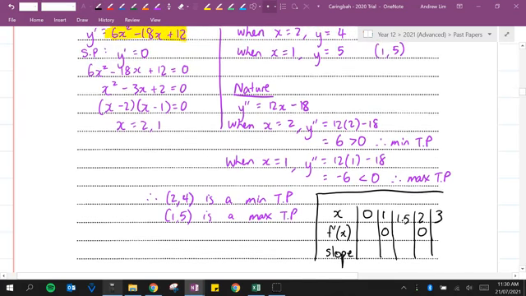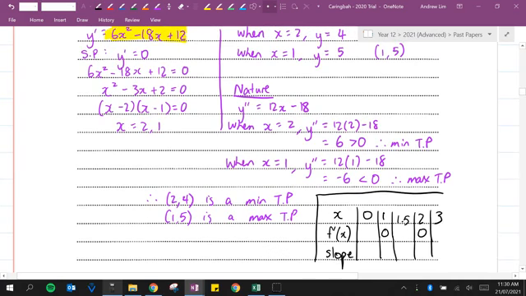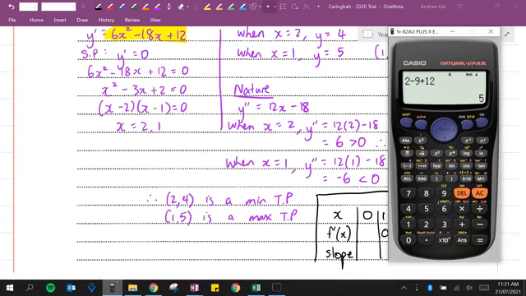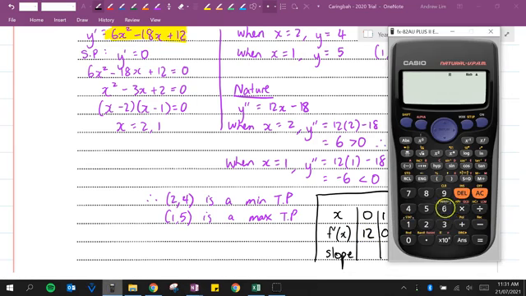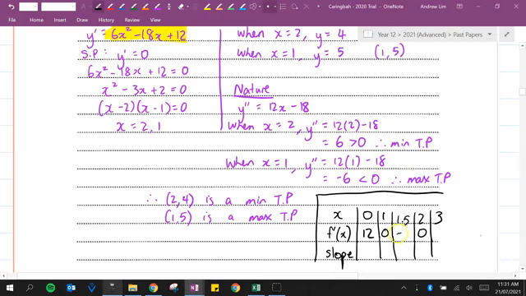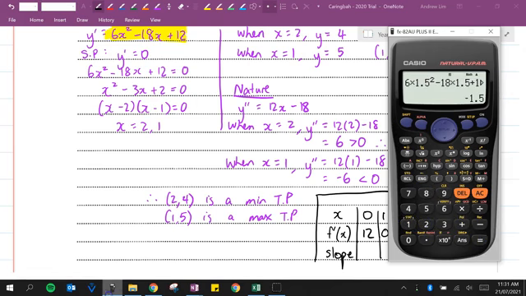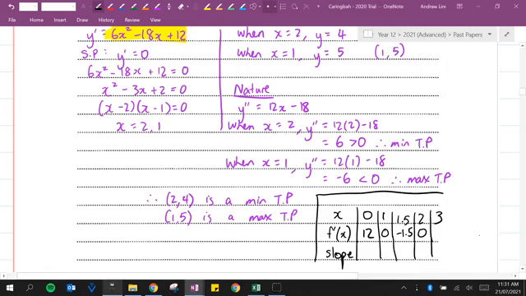Now, f dash of x, or y dash, is 6x squared minus 18x plus 12. So I'm going to sub that value in there. When x is 0, f dash of x is 12. When it's 1.5, we've got 6 times 1.5 squared minus 18 times 1.5 plus 12, which is negative 1.5. And when it's 3, 6 times 3 squared minus 18 times 3 plus 12, it's positive 12.